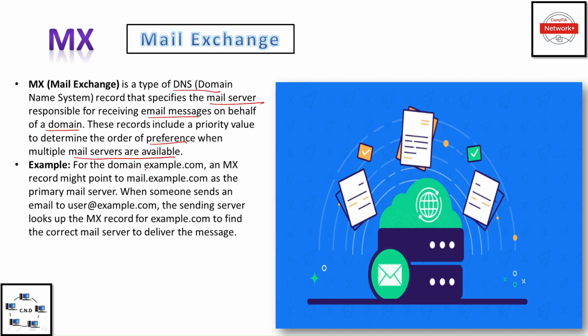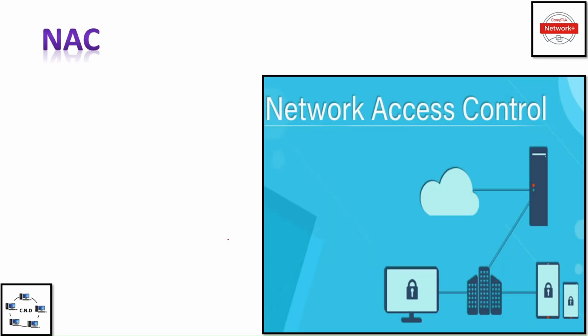For example, for the domain example.com, an MX record might point to mail.example.com as the primary mail server. When someone sends an email to user@example.com, the sending server looks up the MX record for example.com to find the correct mail server to deliver the message.